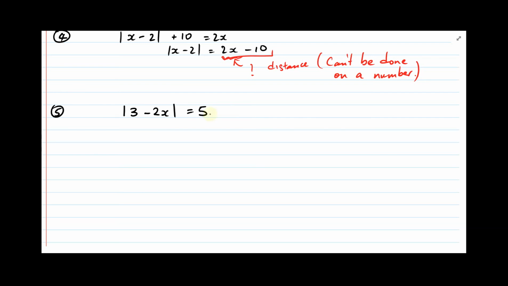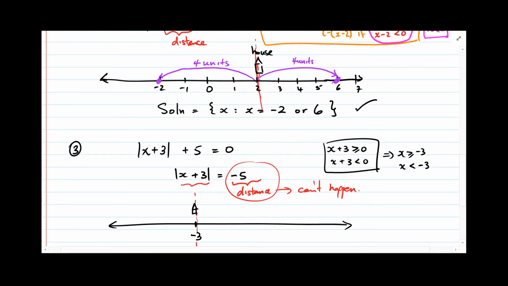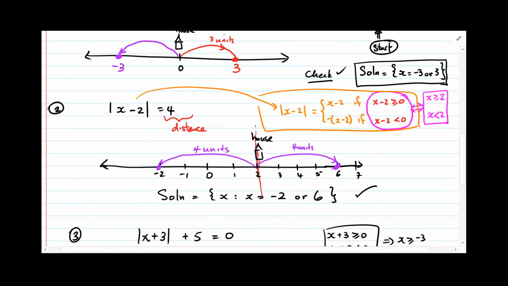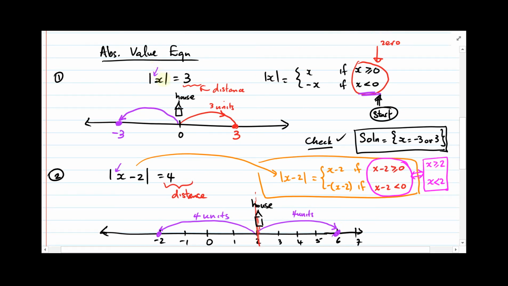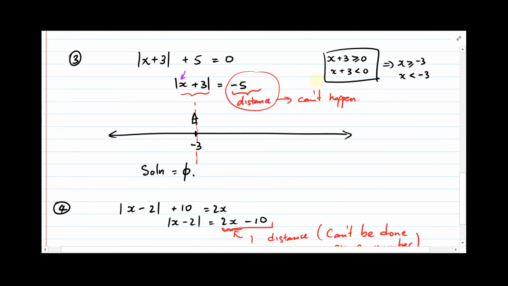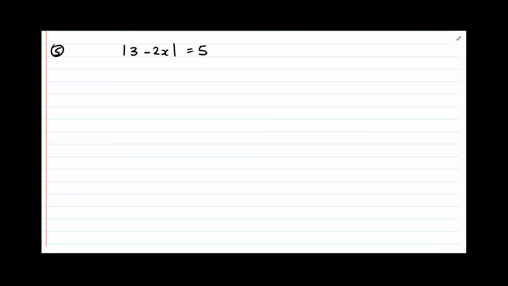What I want, when I'm interpreting this graphically, is a coefficient of 1 for my x's. I can't have a coefficient of 2 or negative 2 as I'm having down here. So let's rewrite this.